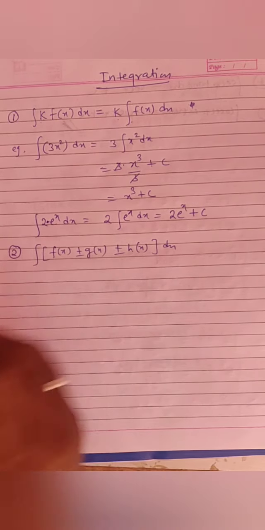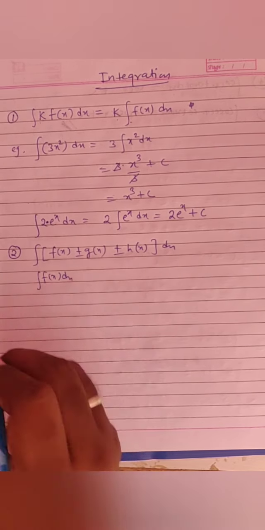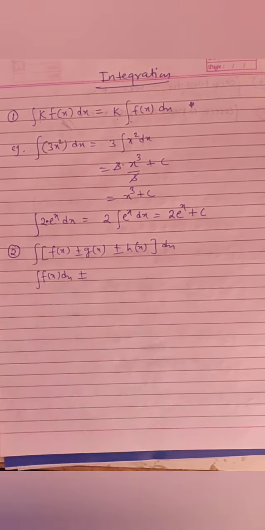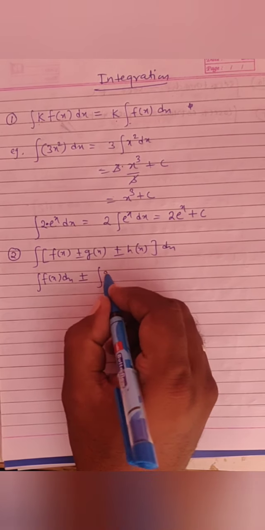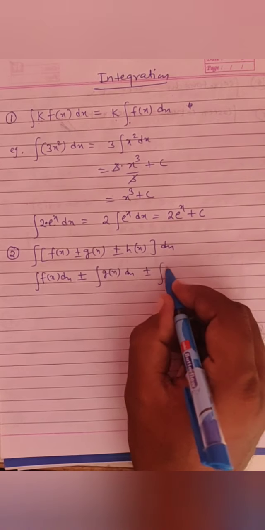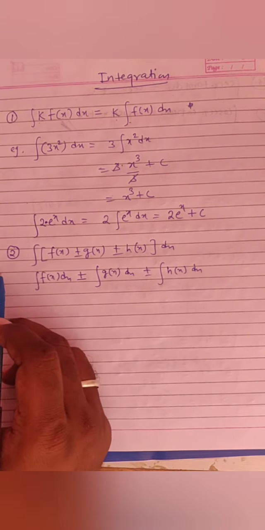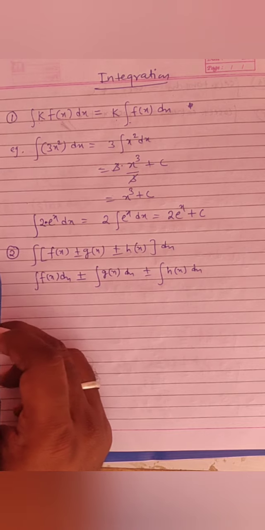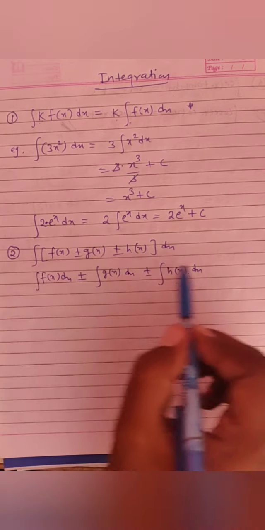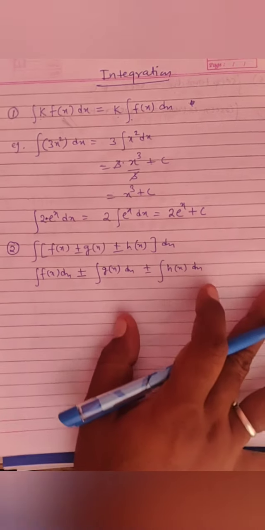So write the integration sign with all the terms. So this is integration of f(x) dx, whether it is plus or minus, then integration of g(x) dx plus or minus integration of h(x) dx. Now the second rule, this rule was also there in derivative. If you have plus minus terms, then we have to integrate all the terms separately.